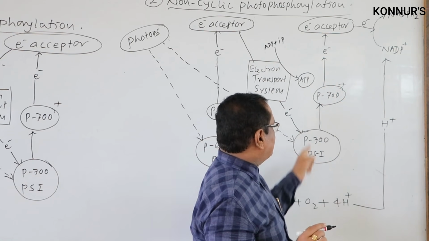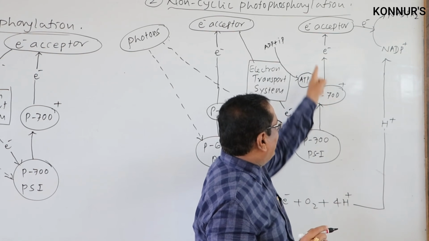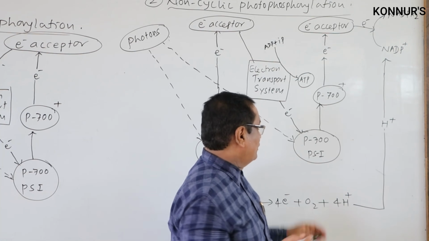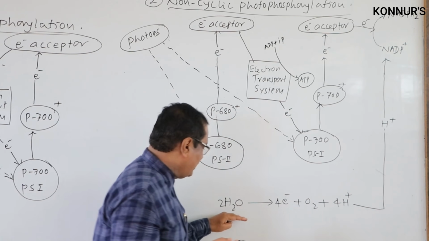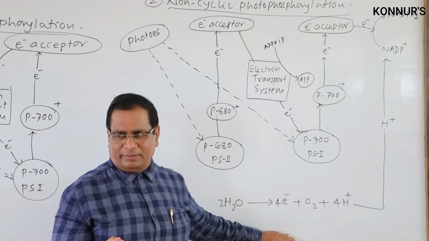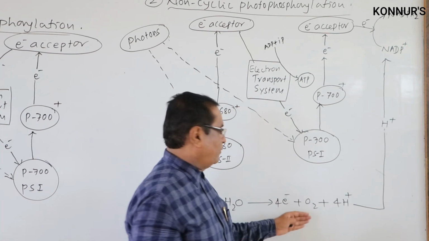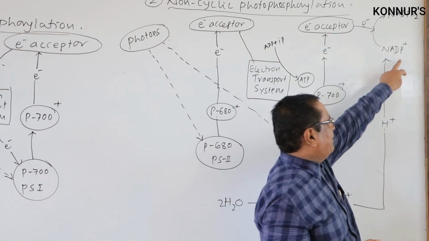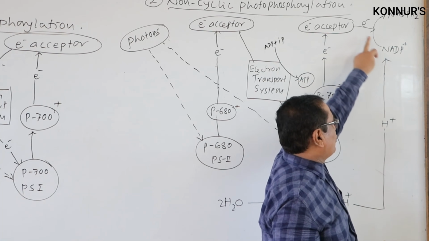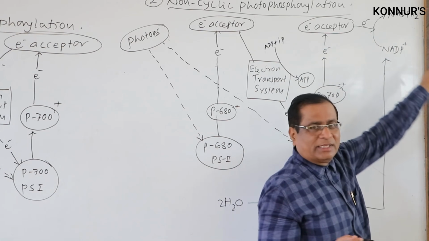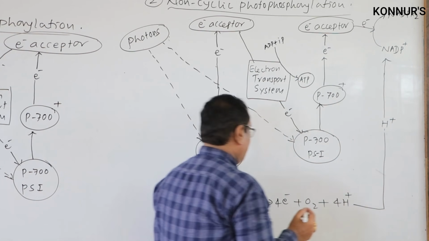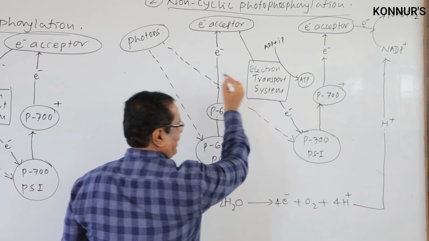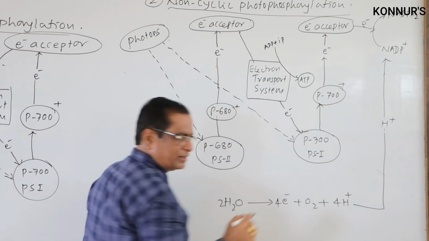But this electron acceptor can provide electrons, while protons are provided by the photolysis of water. Where protons are generated, they are used by NADP. Those protons and electrons are used, and now NADP becomes NADPH2.